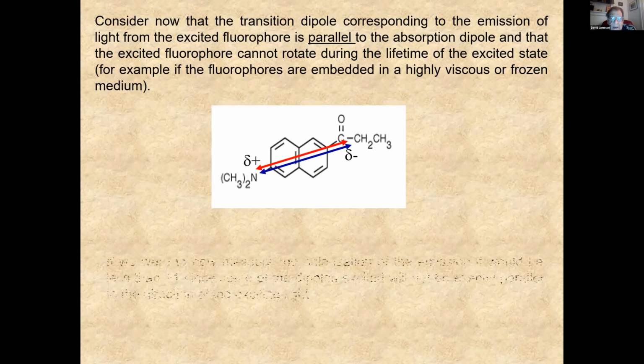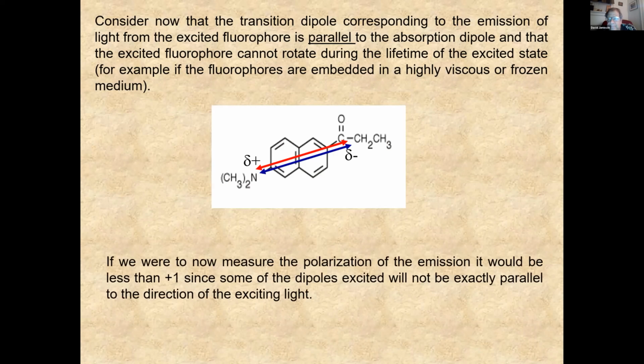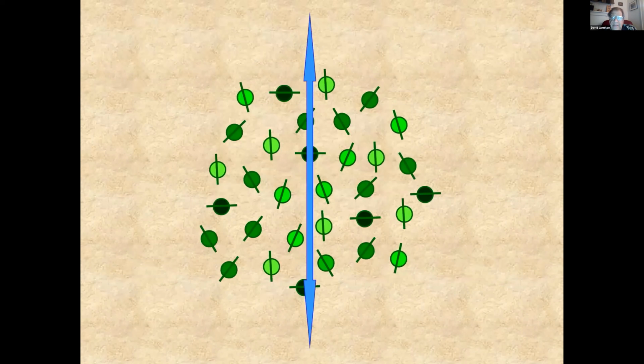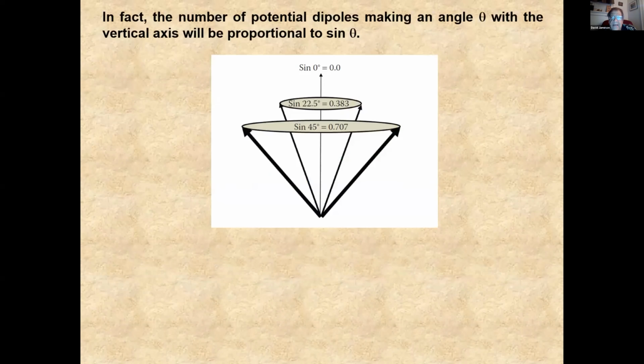We've frozen it somehow. Well, then, if we were to measure this, we won't get 1.0 for the emission because some of the dipoles are not exactly parallel to the direction of the exciting light, as we said. Specifically, the number of dipoles making an angle theta with the vertical axis is proportional to the sine of theta. And as we go to higher and higher angles, we get more and more molecules.